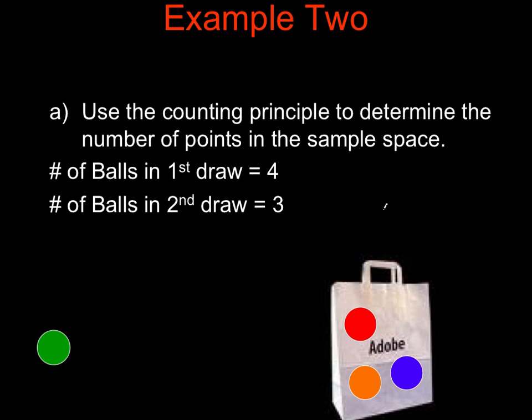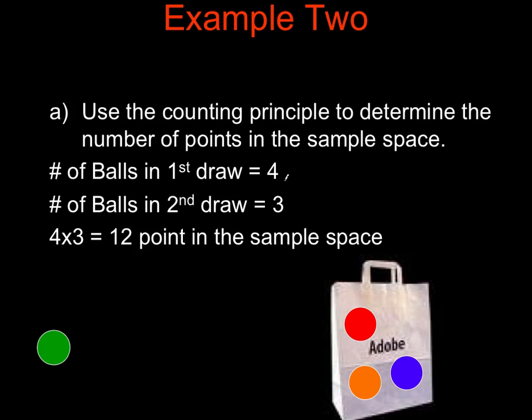So now the number of balls in the second draw is down to 3, so it just decreases by 1. And so what we can do is just multiply these two together, 4 times 3, and get 12 points in our sample space. Okay, so when you have dependent events, you're going to have to rethink the experiment after each time the experiment is run.